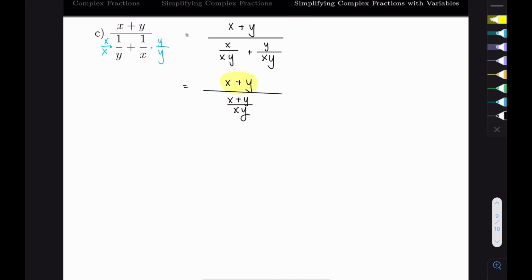And now I'm taking this piece and I'm dividing it by this fraction. So again, going to add some extra steps. Going to put some parentheses because I'm taking this top and I'm dividing by this fraction, which really is this x plus y times xy over x plus y.